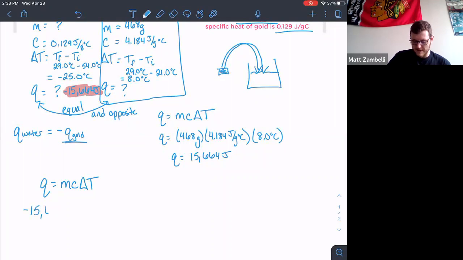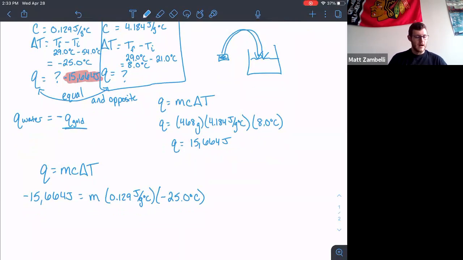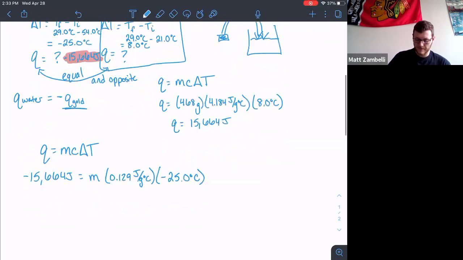So 15,664 joules equals m, because we don't know it, times the 0.129 joules per gram degrees Celsius times the negative 25 degrees Celsius. And we can solve for m.